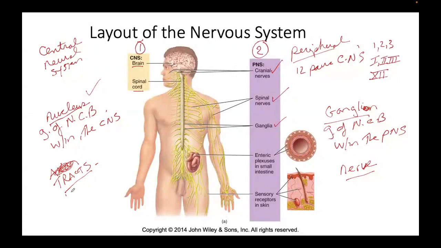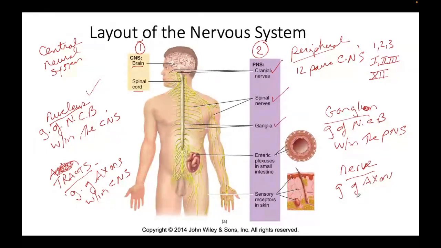So when we have a group of axons within the CNS, we're talking about tracks. When we have a group of axons in the peripheral neural system, we're talking about nerves. Okay, so just some general terminology.